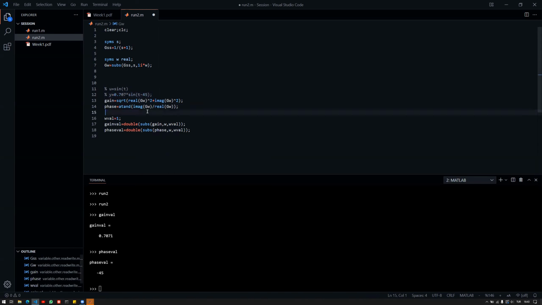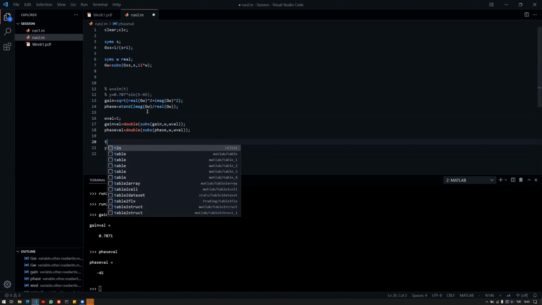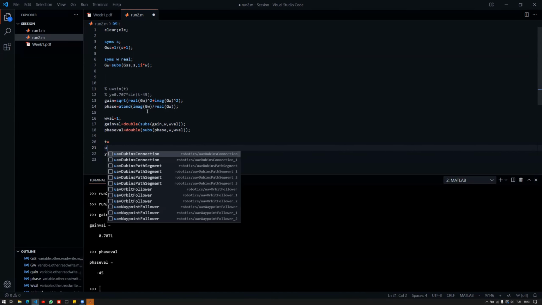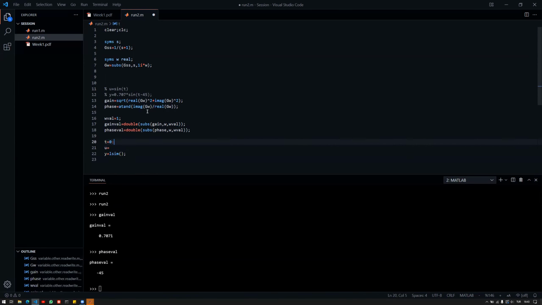And we can test it by using a function called lsim, which is a linear simulation function. It will give me the output that I'm looking for. And I need certain parameters, namely the time vector. So let's have 10 seconds. And I'm providing sine t. And I also need the transfer function.